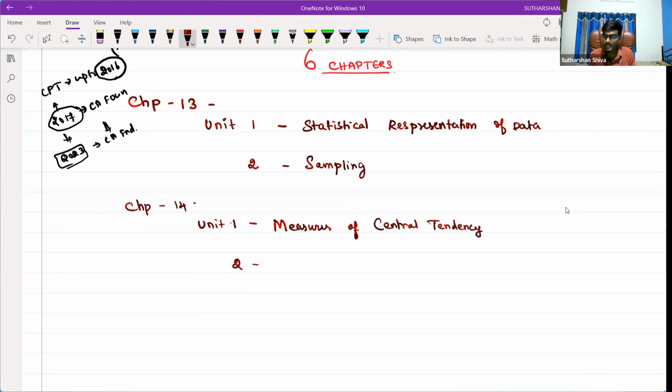In these measures of central tendency, you are going to learn about mean, median, mode, mainly focusing on the mean part: arithmetic mean, geometric mean, harmonic mean. And then in dispersion, you will learn about range, quartile deviation, standard deviation, and all. Believe me, these 2 chapters will give you a minimum of 15 marks in your examination.